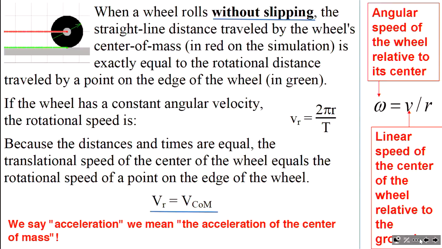The speed of the center of mass relative to the Earth is equal to the linear speed of the points spinning at the edge of this object, at the rim of this wheel, relative to the center of mass, relative to the axis, relative to the handle. So that's basically it. The rest is very, very straightforward.